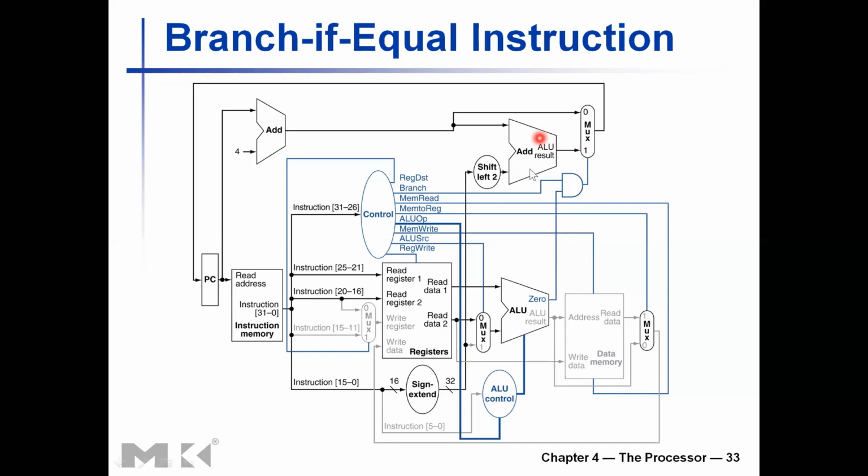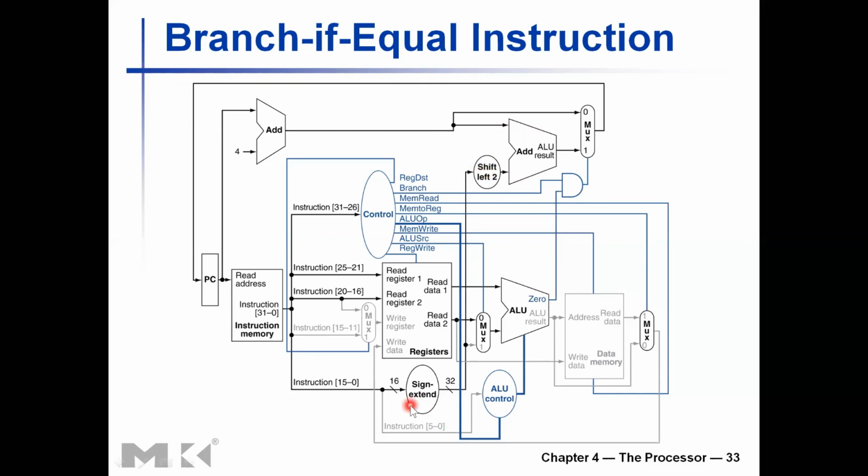What is the result of that adder? You take the regular update to the PC, that is PC plus 4, into one input of the adder. The other input is the immediate offset, sign extended and shifted to the left by 2.